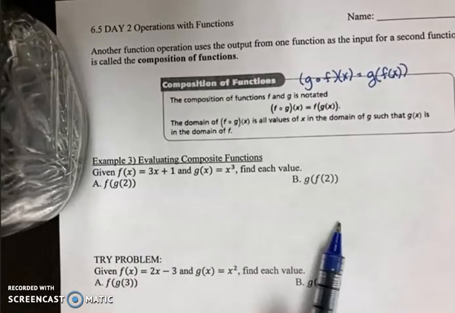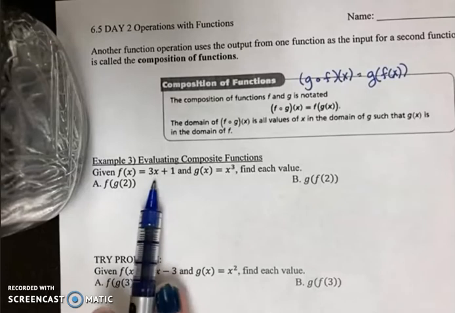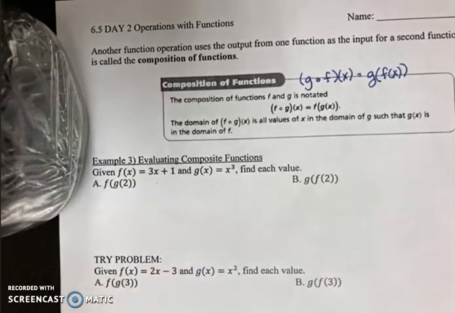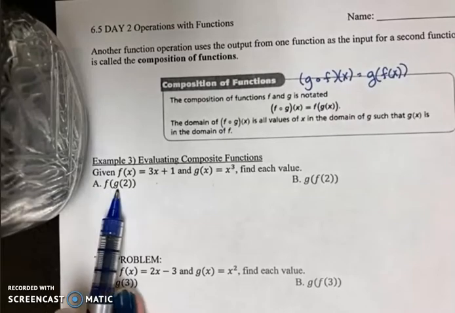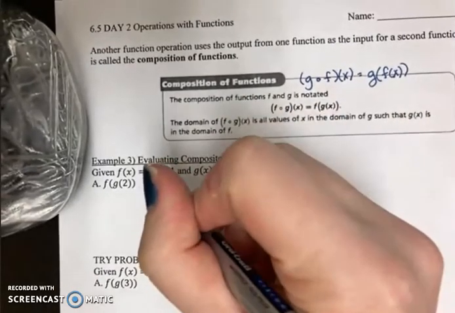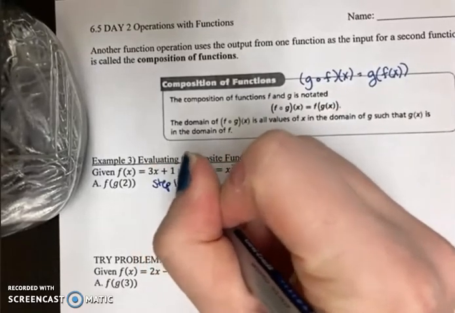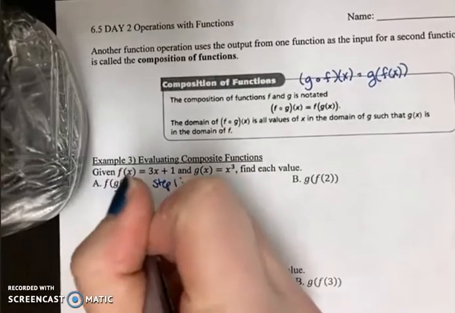So we have some modeling problems and some try problems. Starting with example 3, I gave you an f of x and a g of x function. For part A, I would like to evaluate f of g of 2. So step 1, let's figure out what g of 2 is going to be.